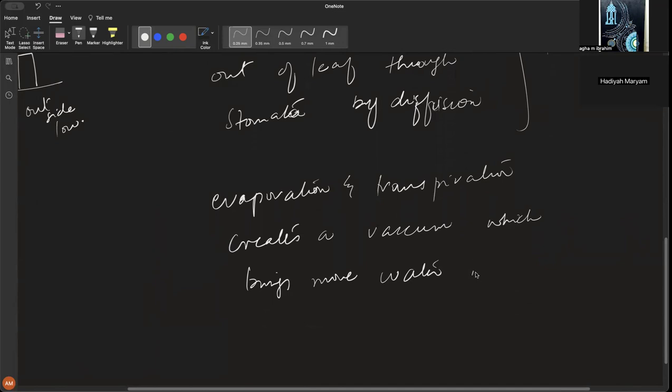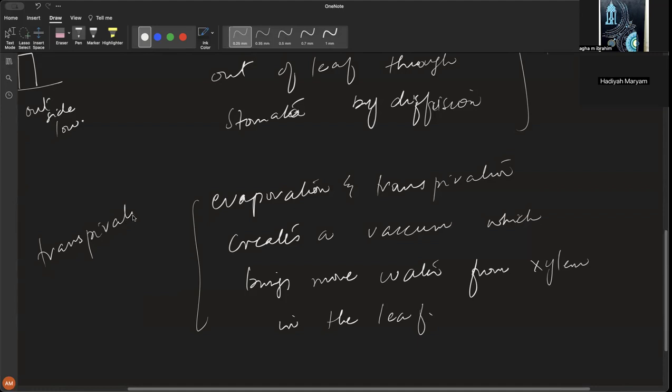This is what creates the transpirational pull. Okay, this is what the transpirational pull is. Is this understood?